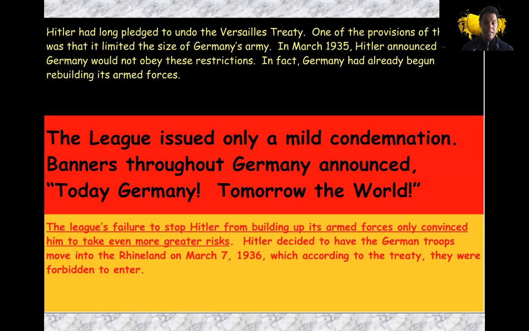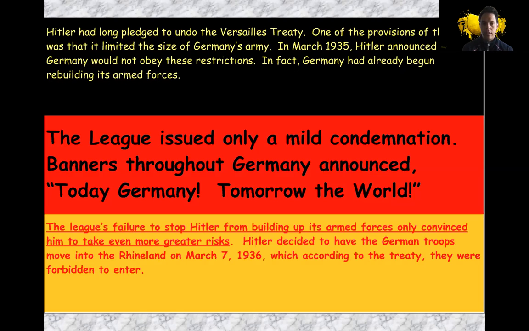And as it said, banners throughout Germany would announce, today Germany, tomorrow the world. Essentially, the Germans were taking Germany back for Germany, and then they were going to take Europe back for Germany as well. Now, the League's failure to stop Hitler from building up his armed forces basically just said, do what you want, Hitler, and nobody's going to stop you.